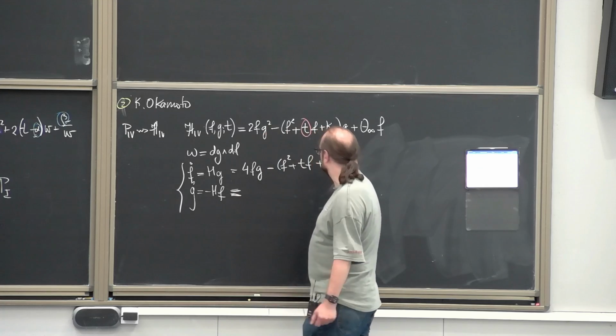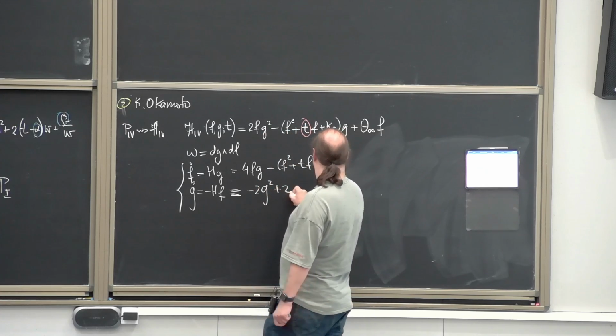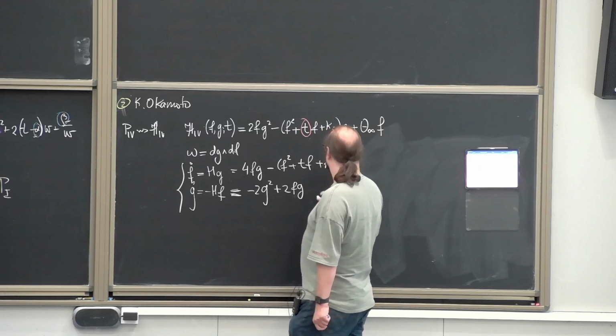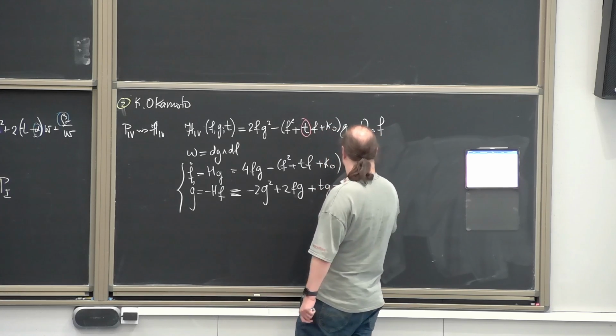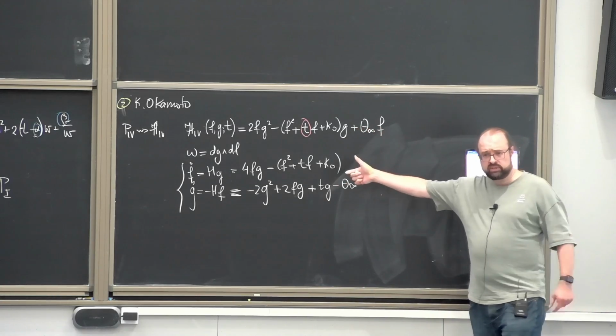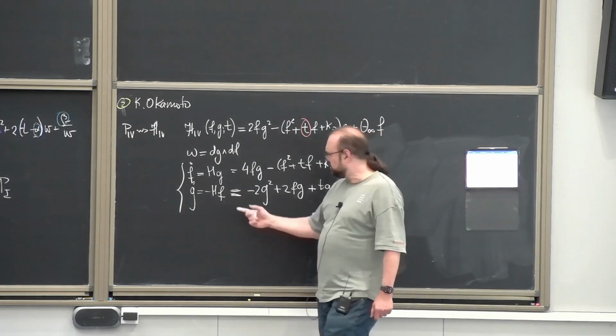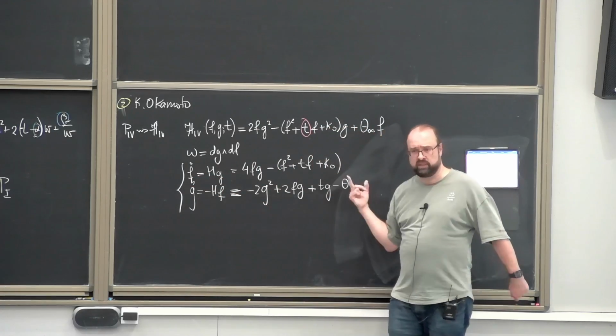So here, what do we have? Minus 2g² plus 2fg plus tg minus theta infinity, something like this. So you get a Hamiltonian system, but notice that it's not that f is a coordinate and g is a momentum. It's a little bit more complicated than that.